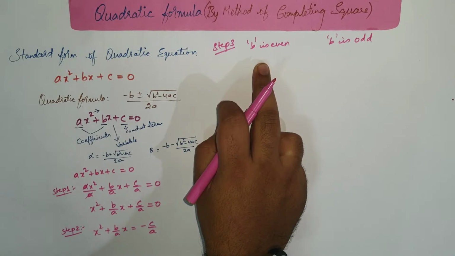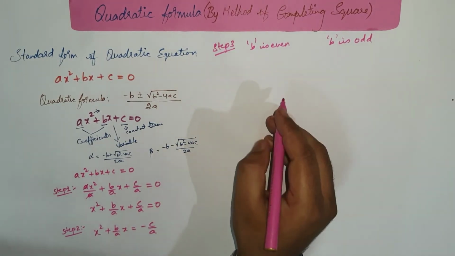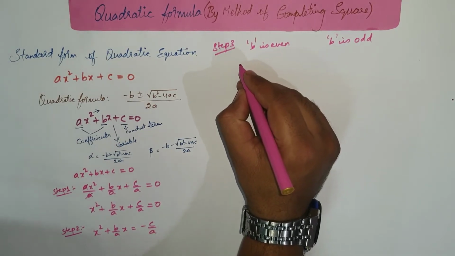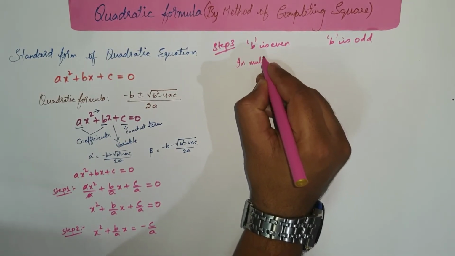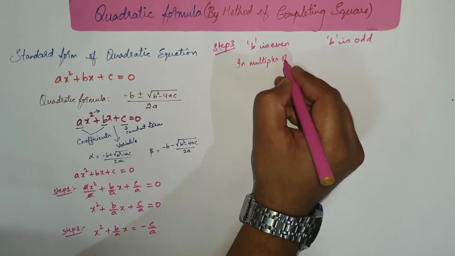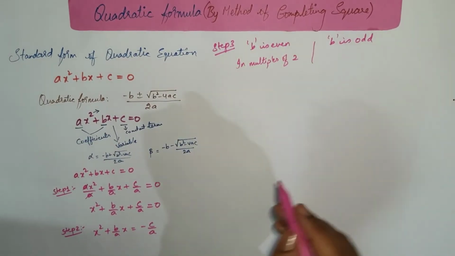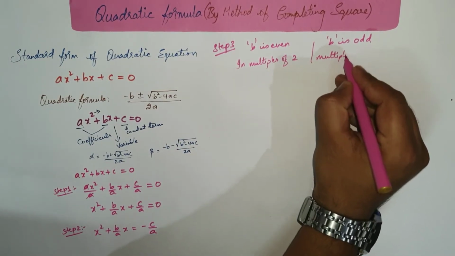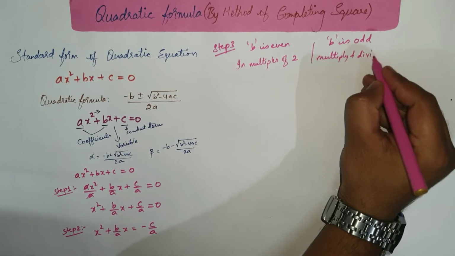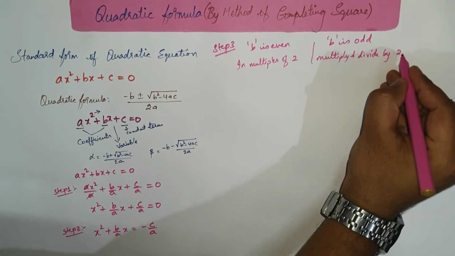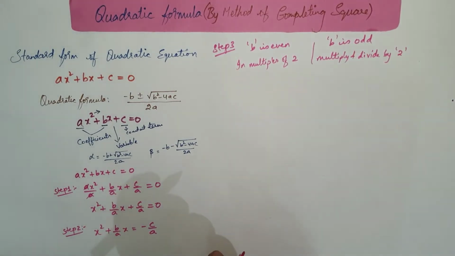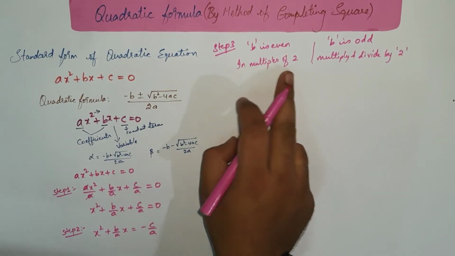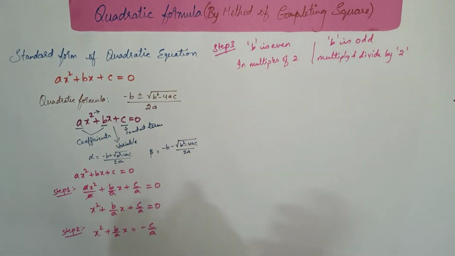If b is even, numbers are multiples of 2, so you need to write that number in multiples of 2. If b is odd, you need to multiply and divide by 2.